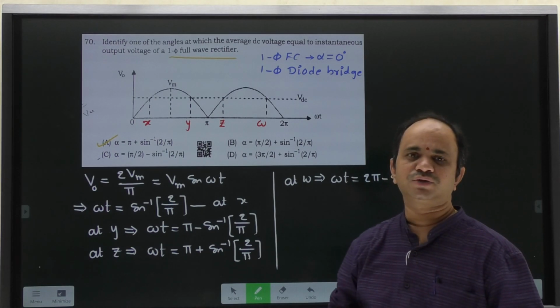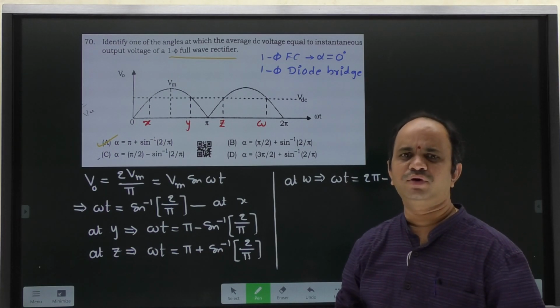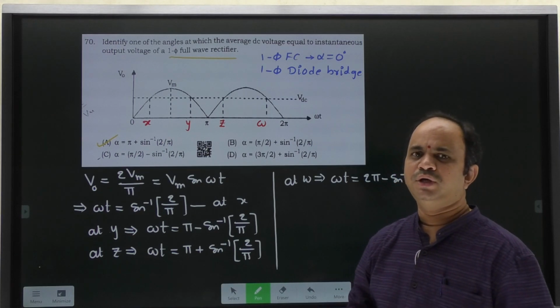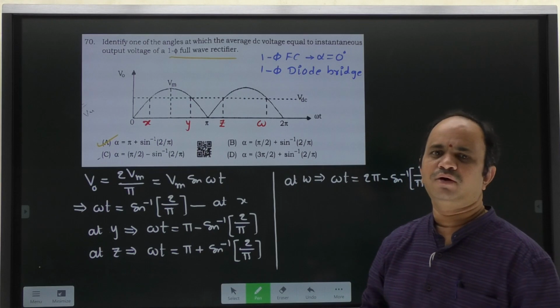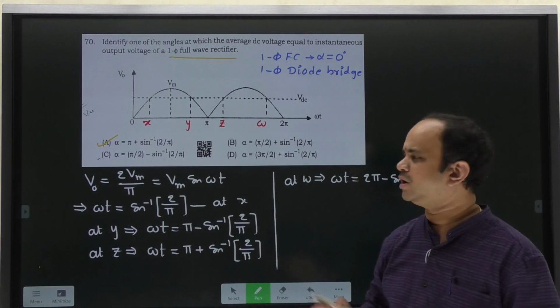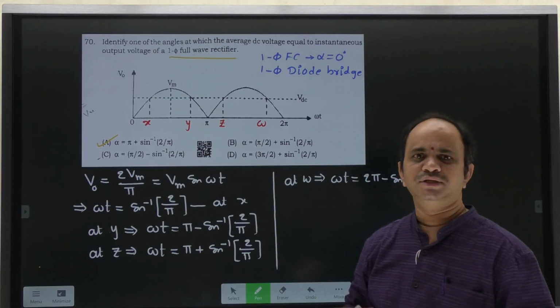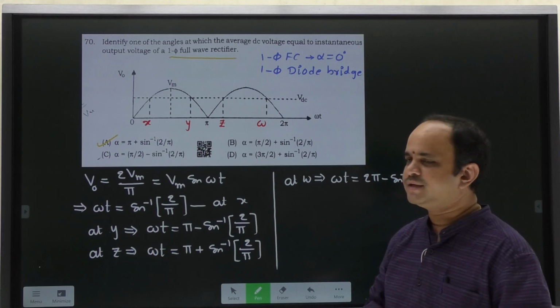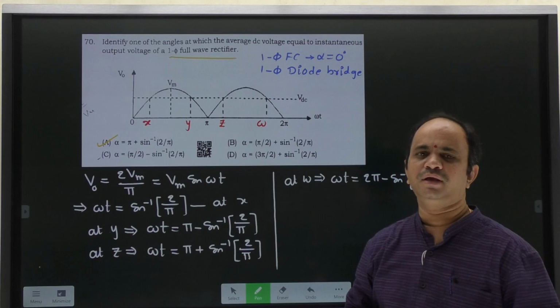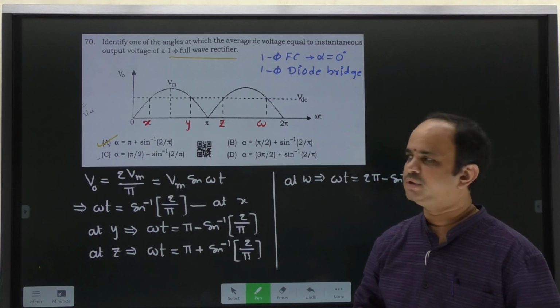In that, power electronics questions are not so straightforward like in the previous papers. So you need to understand the concept very clearly. These are not so difficult, but not so straightforward questions, just like a regular AE paper. So here I can say the difficulty level will be moderate to tough.